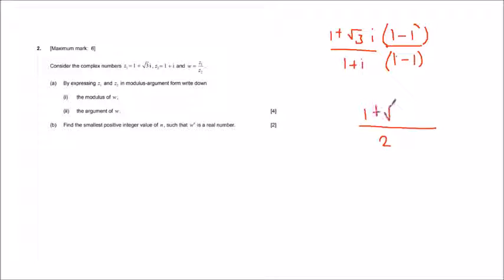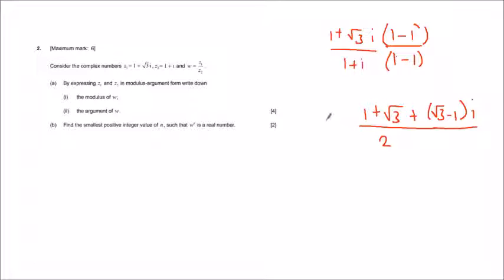So that's going to be plus square root of 3, because minus i squared gives you positive, and then plus square root of 3i minus i. So that would just be plus, wait, give me a minute. Square root of 3i minus 1i. So that's plus square root of 3 minus 1, and then that's i.